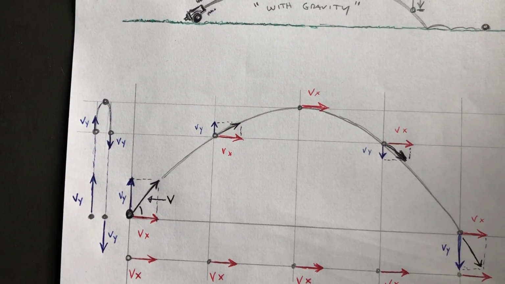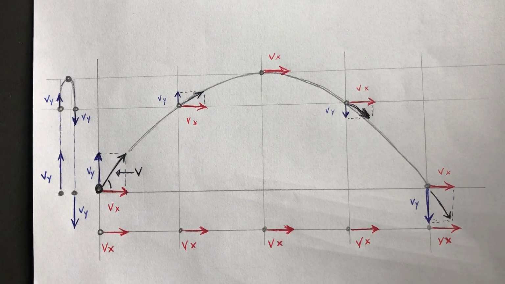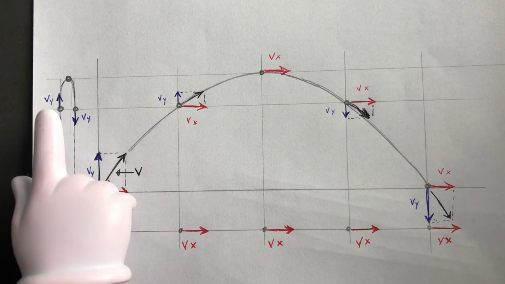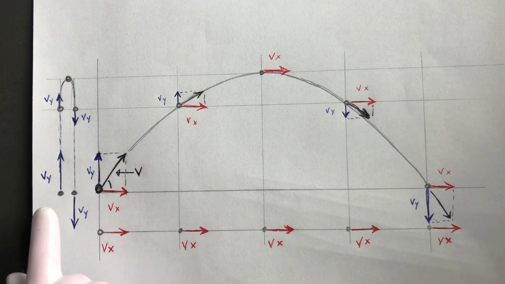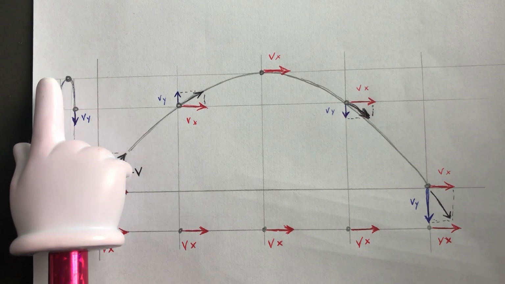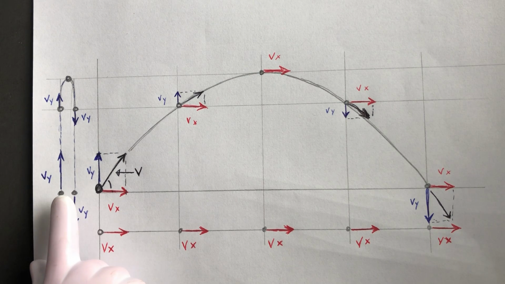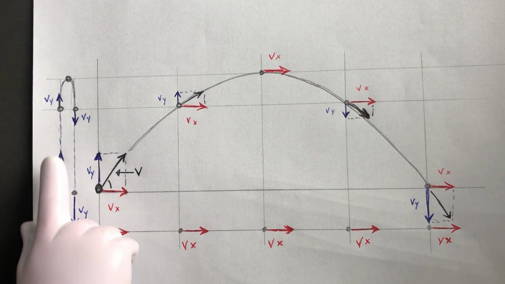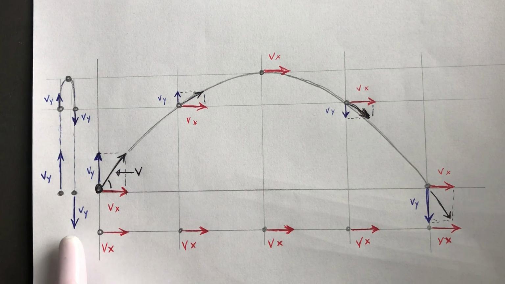To get a really good idea of that, let's take a look at this image here. So over here, this is if we toss an object straight up in the air. This would be your vertical velocities. So you can see that they get smaller and smaller due to gravitational pull. Let's say we toss it up at 20: 20, 10, 0, 10 in the other direction, 20 in the other direction.